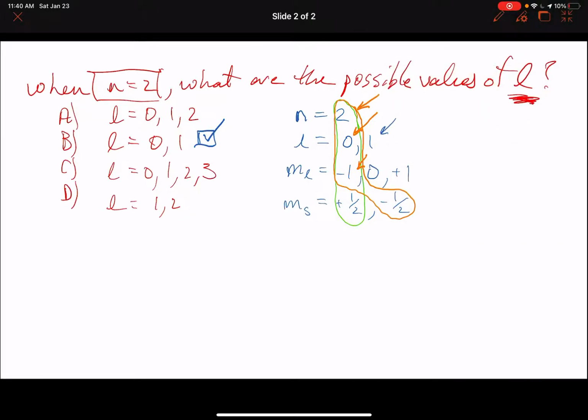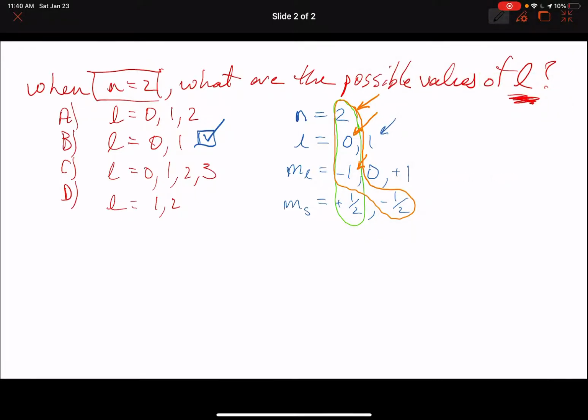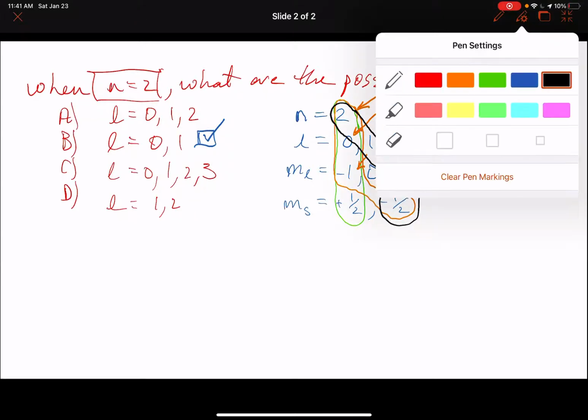We could go further and do that again and say that another electron could have its identity described by, for example, 2, 1, 1, -0.5, and a different electron has to have different quantum numbers.